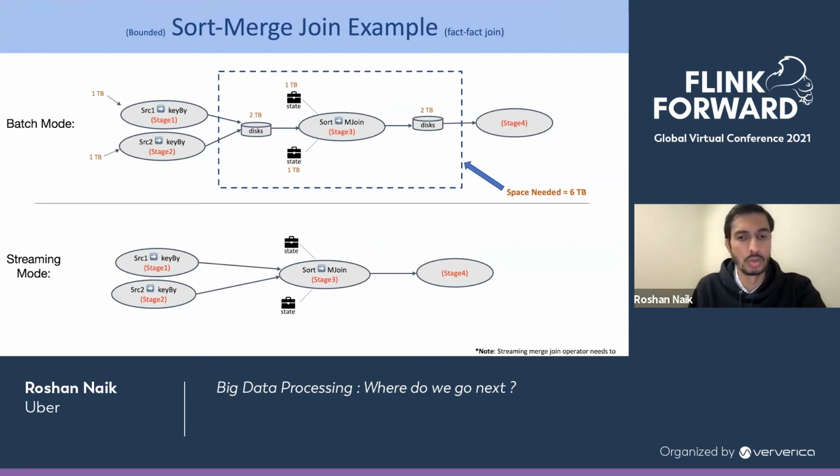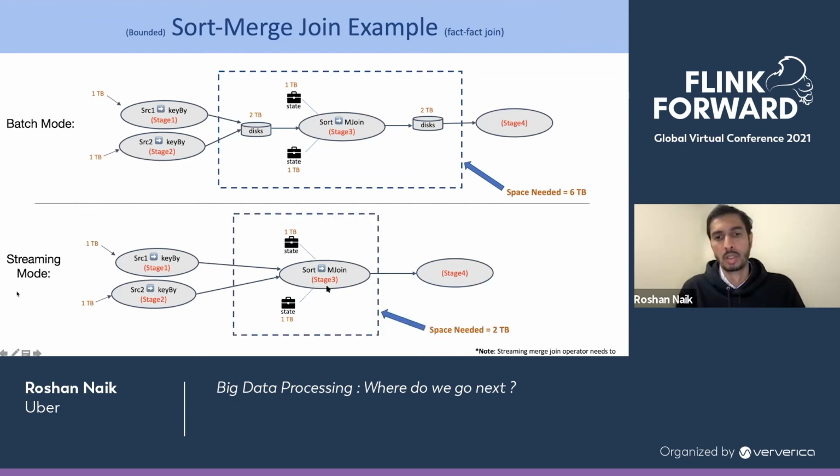In the streaming mode, let's say you feed 1 terabyte each on the fact tables, and that translates to 1 terabyte required to sort the data in memory, same as batch mode, but we've eliminated the disk. So the total requirement in this case is just 2 terabytes.